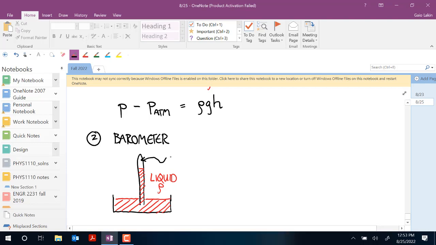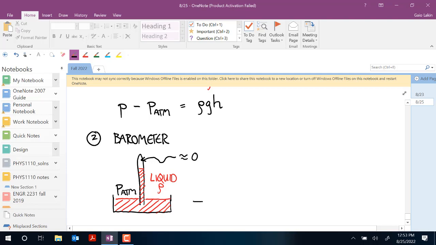Up here, this is evacuated, so you do have a vapor pressure there, but it's very small, so you can treat this basically as zero pressure. And at the surface of the liquid in the tray, you have atmospheric pressure.